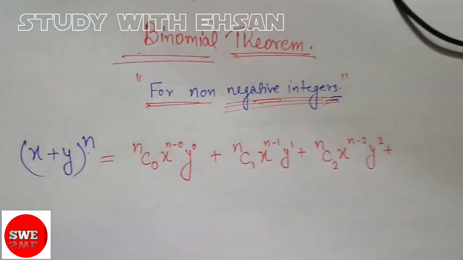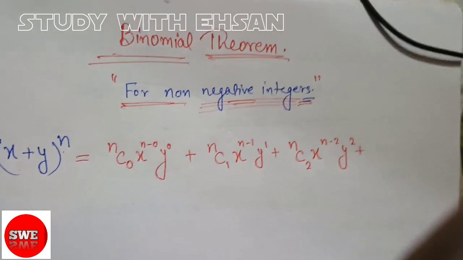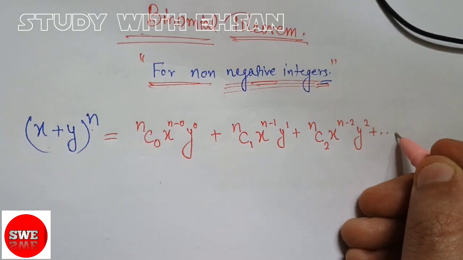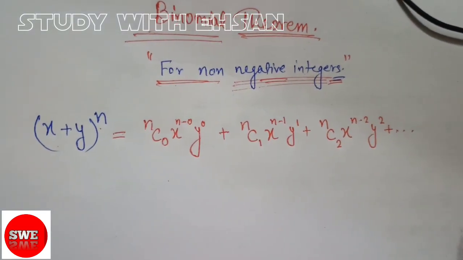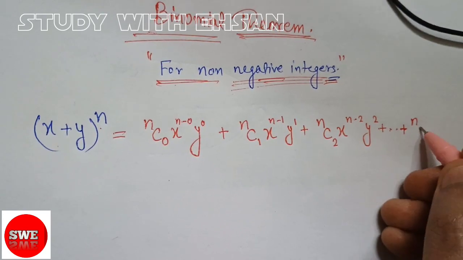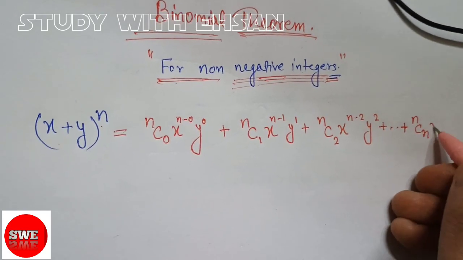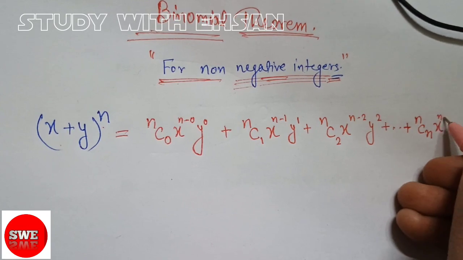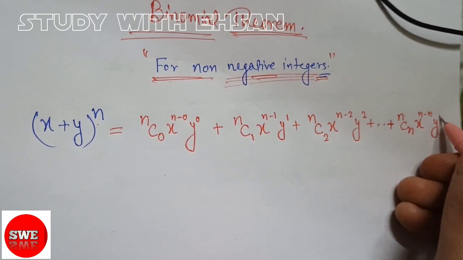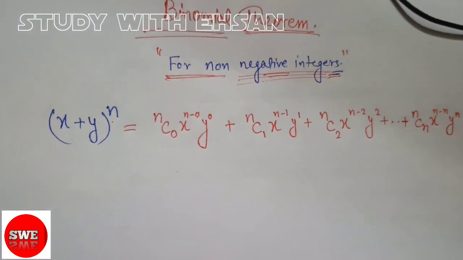It will continue up to what? Dot dot dot. And the last term of the expression will be, you can write here, plus nCn x to the power n minus n, that is going to be 0, and y to the power n. This is the last term of the expression.